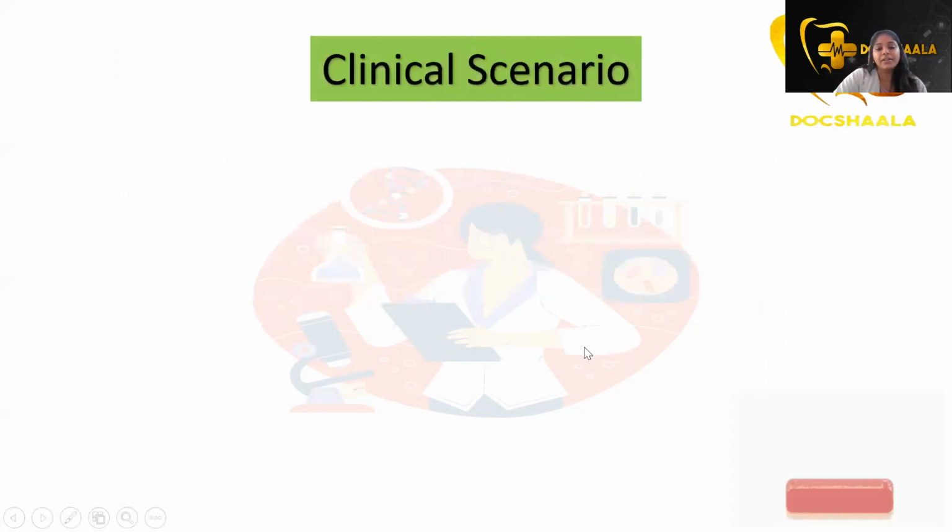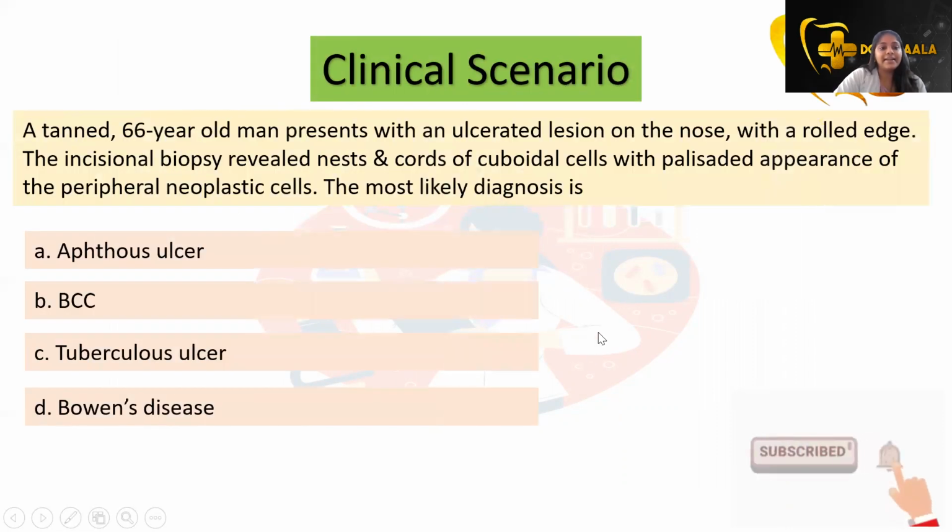Okay. Then coming to a clinical scenario now. A tanned 66-year-old male presents with an ulcerated lesion on the nose. Just imagine how painful that would be for the man. The lesion has a rolled edge, and the incisional biopsy revealed nests and cords of cuboidal cells with a palisaded appearance of peripheral neoplastic cells.